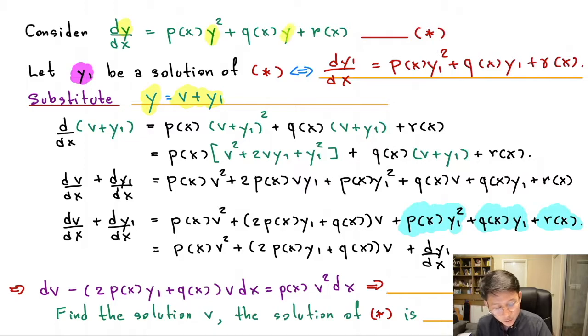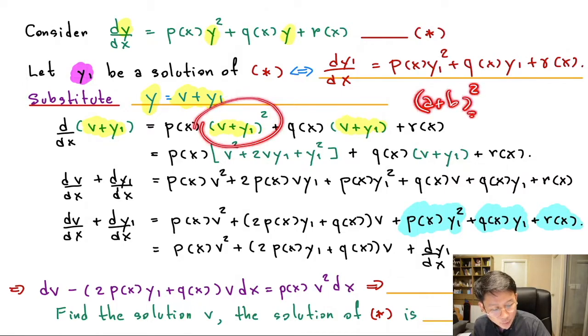Okay, so we have here v plus y1 squared, which is y squared, right? And then q(x) y. So we put v plus y1 in there instead of y. Okay, and then this is nothing but (a plus b) squared, which is a squared plus 2ab plus b squared, right?